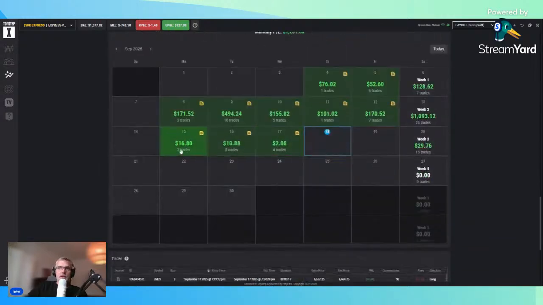Looking at this week's trades: $16.80, $10.88, and $2.08. What that is showing is that I've made some trades, they failed, and I've just taken a couple more to get back to scratch. I find that if I'm in a drawdown and the market gives me an opportunity to get out of drawdown, I should take it and then wait for another setup.